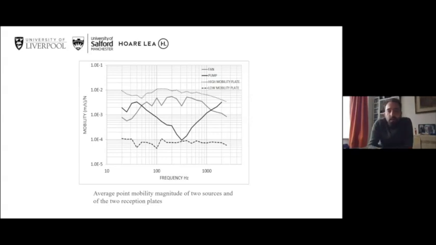You can see the dark black dashed line here is the low mobility reception plate, so it has a much lower mobility than either of the sources. And the high mobility reception plate has a much higher mobility than either of the sources. That allows us to create two measurement conditions, one where the source has a higher mobility than the receiver, and vice versa.